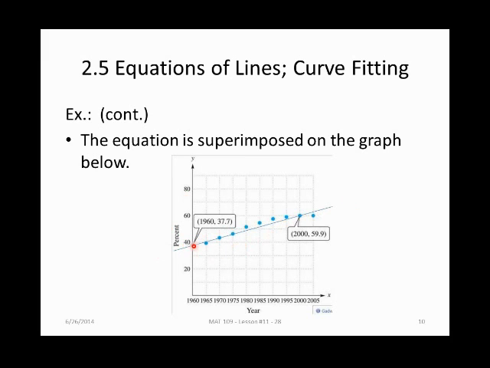It goes through that point and it goes through that point. It must, because those are the points we calculated it from. It looks like it might also go through that point, but you can't be sure without checking it. And as you can see, that straight line pretty much goes through the middle of the data. So it does a pretty good job of representing that data.